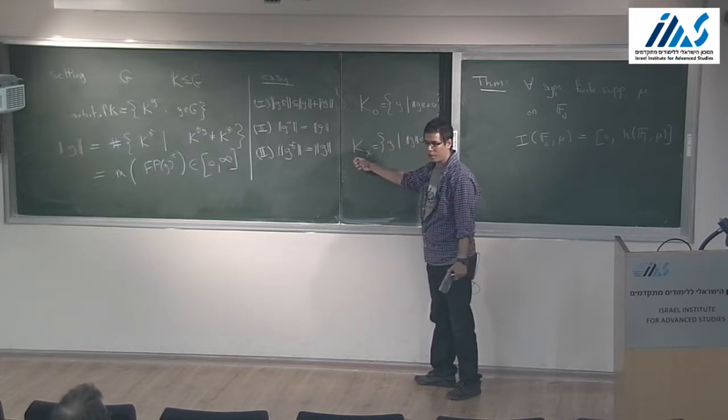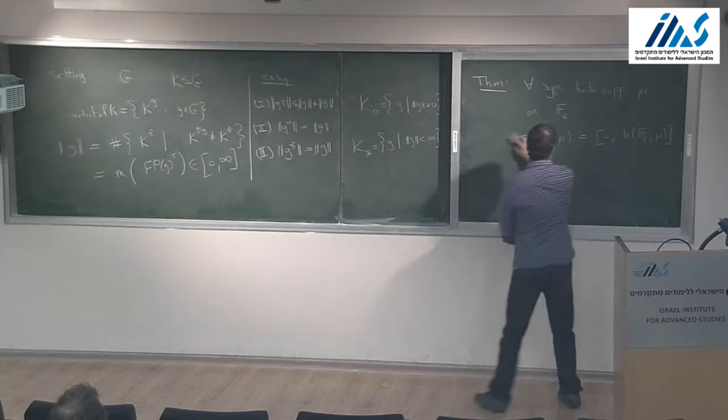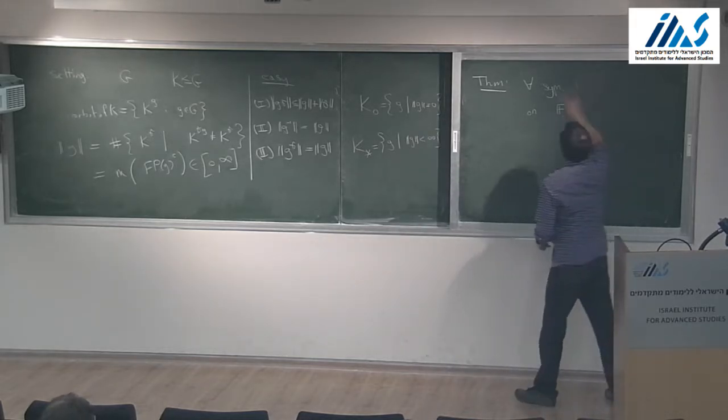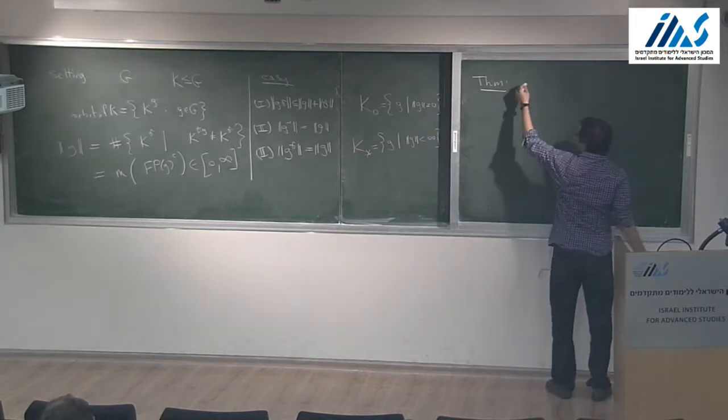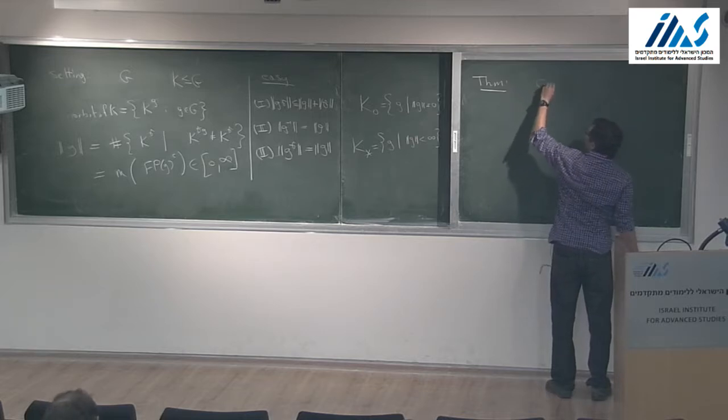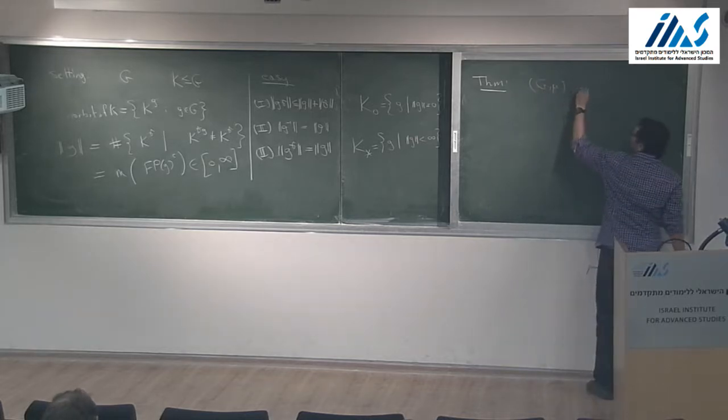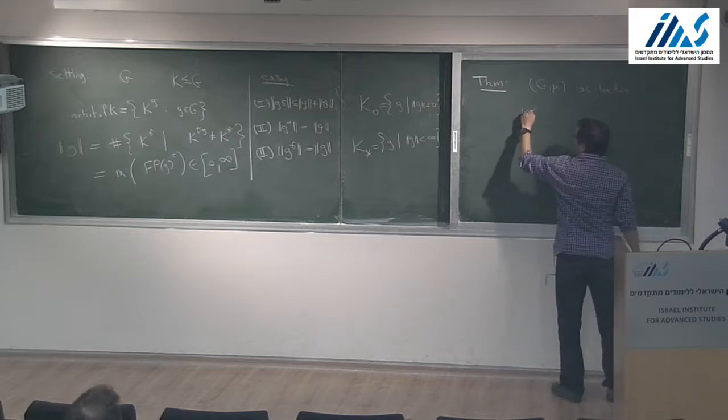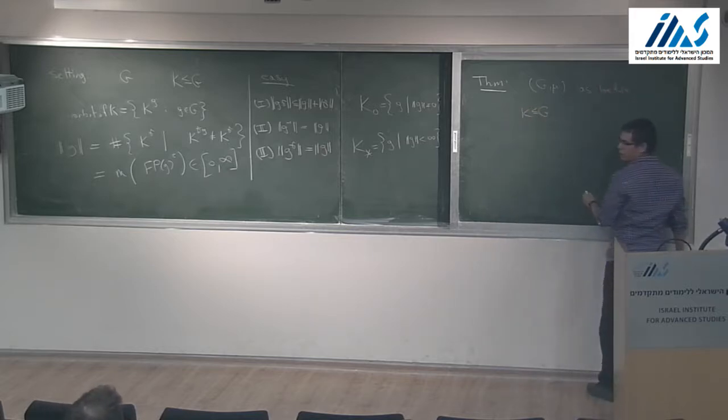Okay, so what can I do with these things? Well, here is a theorem. So G, mu, as before, K is a subgroup of G, and assume the following.